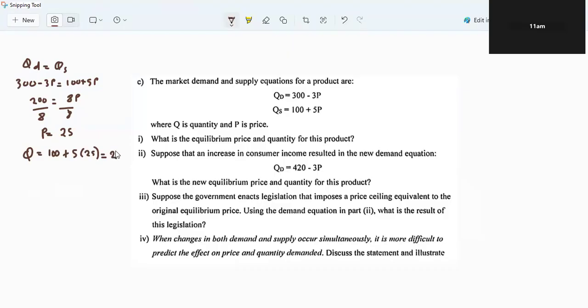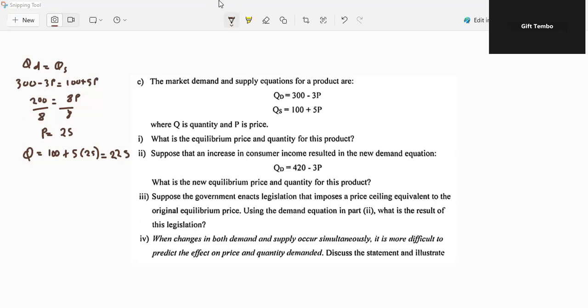So how do you sketch this? Somebody else? How do you sketch these two equations graphically? Mwanga, how do you sketch this graphically? I can attempt.